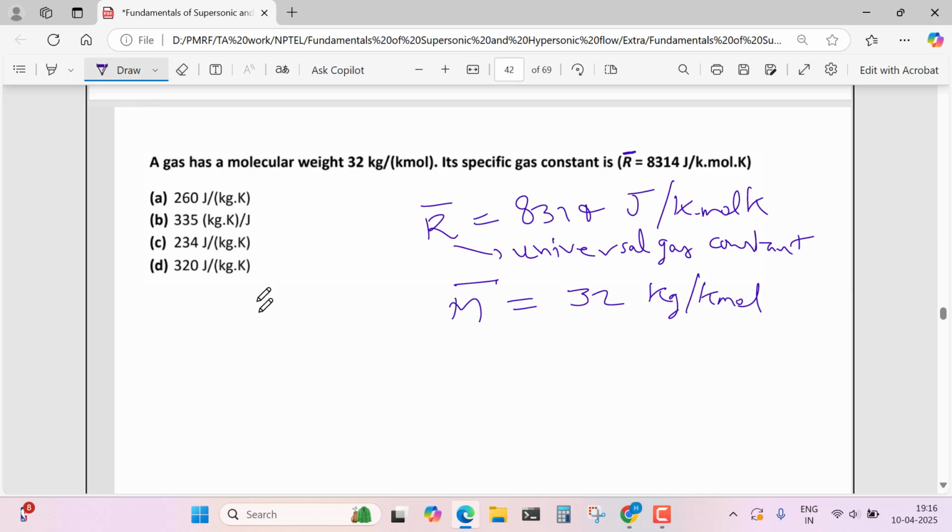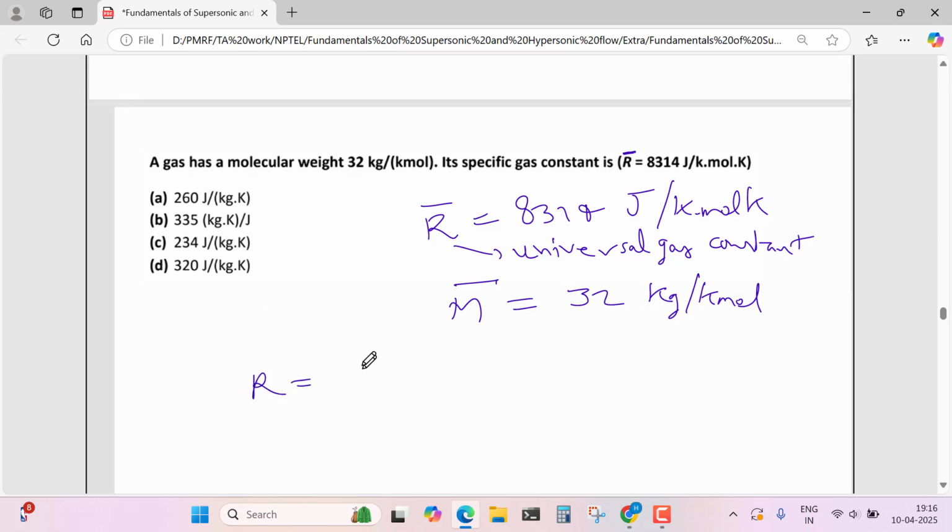And molecular weight I will denote by m bar, which is 32 kg per kilomole. So R will be equal to R bar upon m bar. R bar is 8314 upon 32.